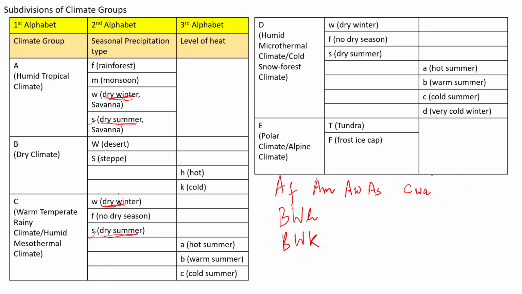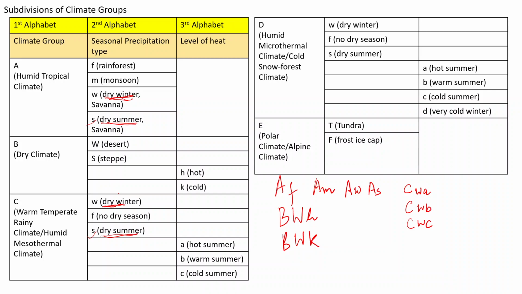If we find such a scheme, we can understand that this belongs to the warm temperate rainy climate where humidity will be there, but the winters will be dry and summers will be warm or very hot. We'll discuss this in detail. Then CWB means warm temperate rainy climate with dry winters and warmer summers, while CWC will be warm temperate rainy climate with dry winters and cold summers. So this is how we can understand.